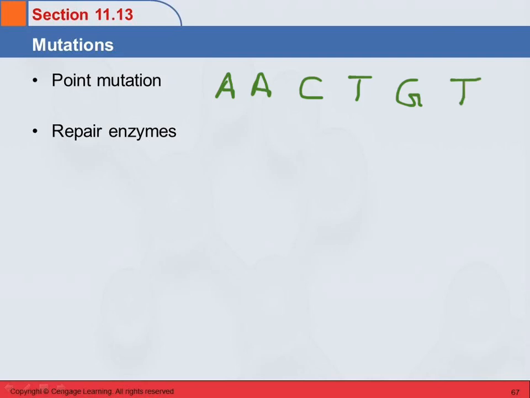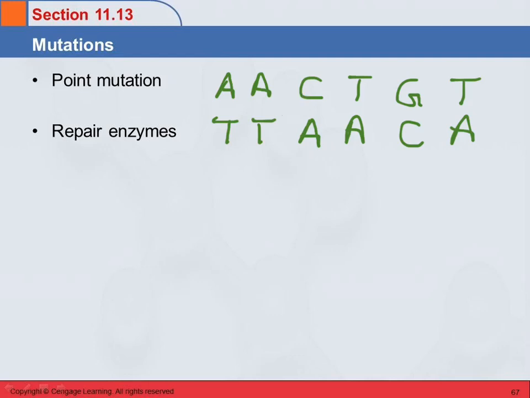Let's say we had this sequence. A point mutation is where one base gets changed. If this was the parent strand, then on the daughter strand we might have T, T, and instead of C, maybe we got A in there somehow. There's a mistake here, because A is not supposed to go with C.